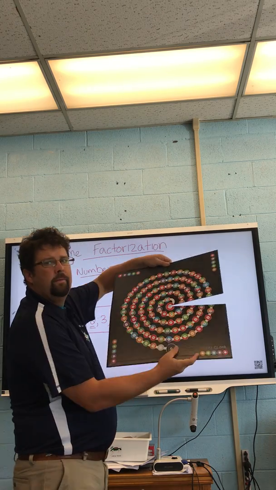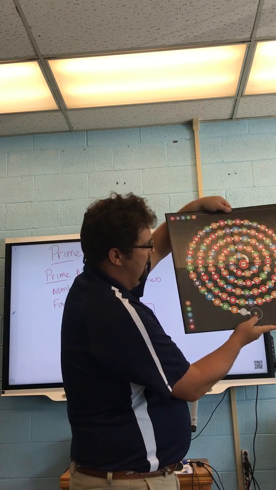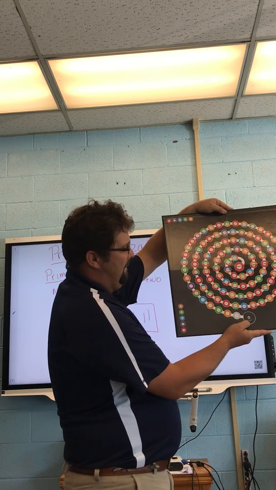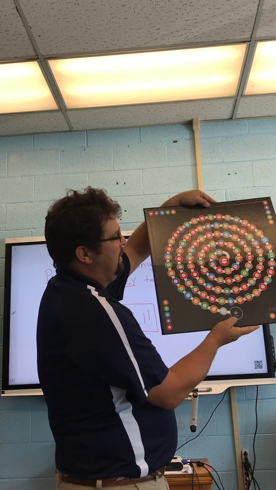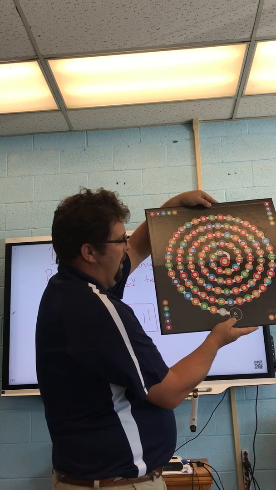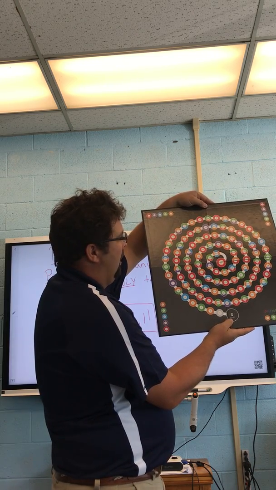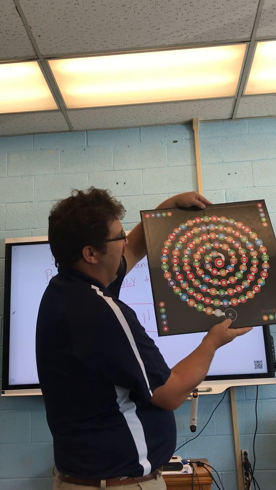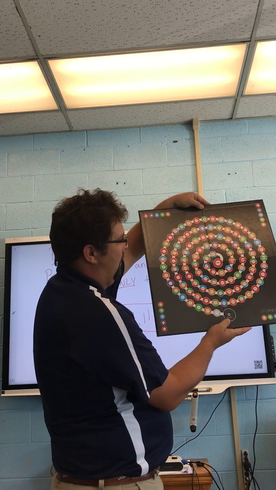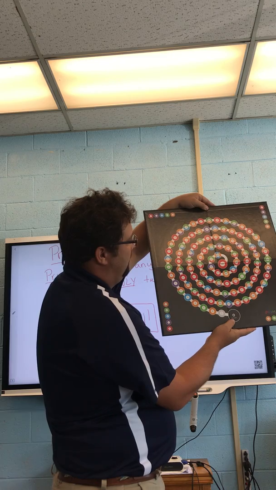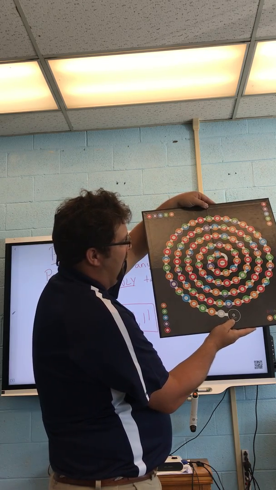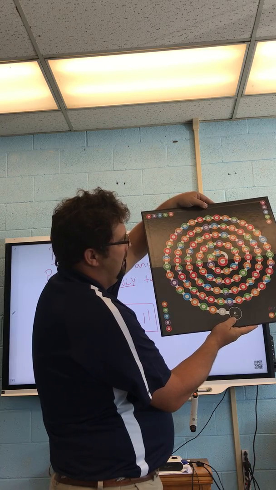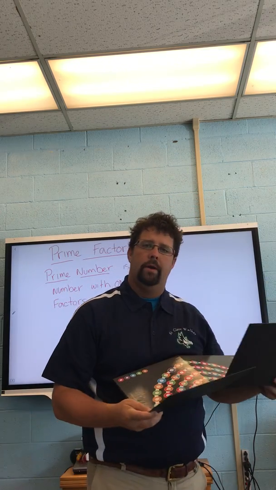Other prime numbers would be 2, 3, 5, 7, 11, 13, 17, 19, 23, 29, 31, 37, 41, 43, 47, 53, 59, 61, 67, 71, 73, 79, 83, 89, 97, and 101.